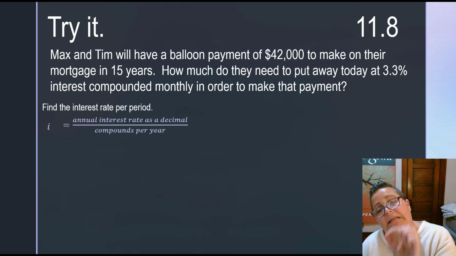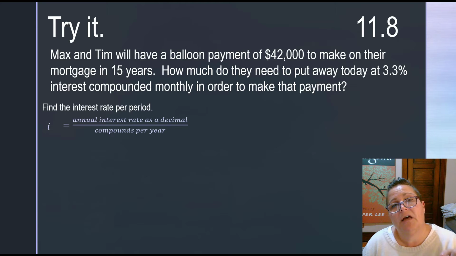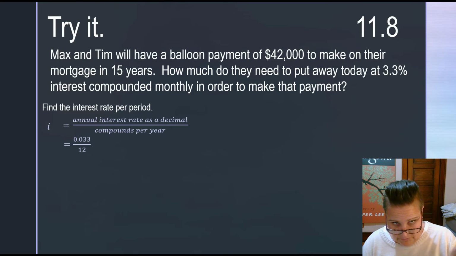The one little sneaky part of this one is because you are putting this into a formula and using your calculator, you must calculate the interest per period as a decimal. So I'm going to take 3.3% and put it in as 0.033, or divide 3.3% by 100, or if you'd rather, move your decimal point 2 places over to the left, however you remember it.